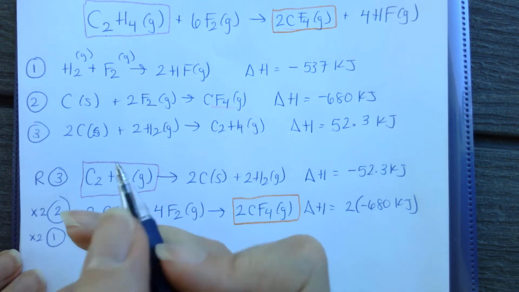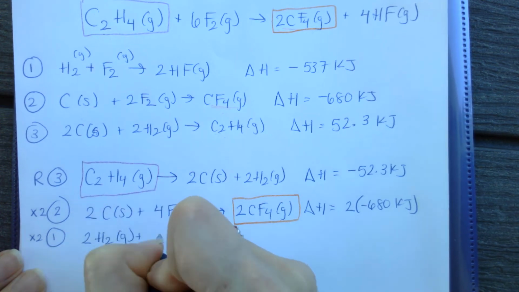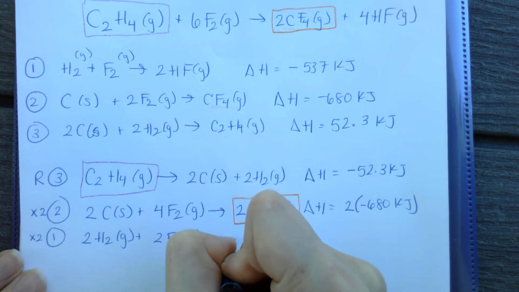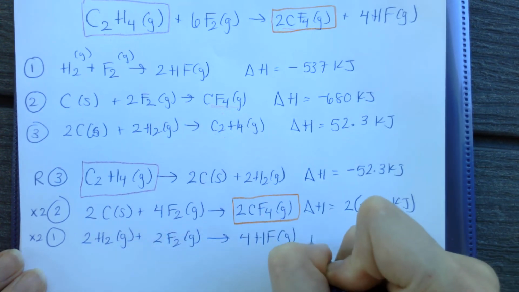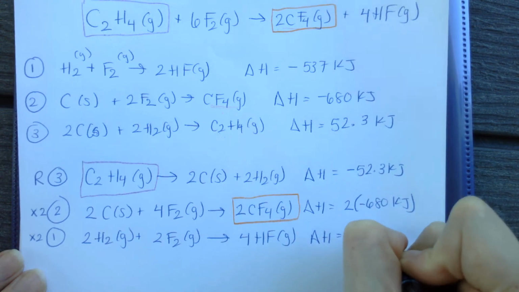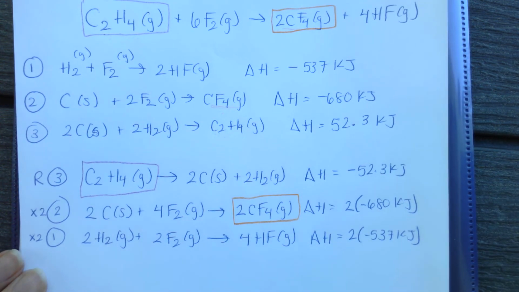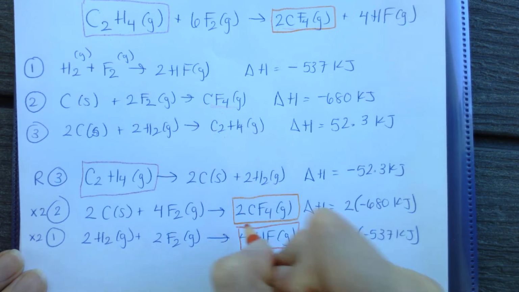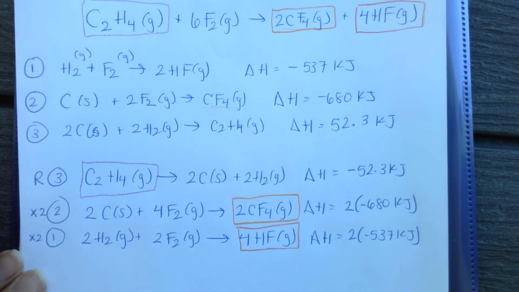So multiply by 2 reaction 1 to give me 2 H2 gas plus 2 F2 gas and 4 HF gas. And my delta H will be 2 times negative 537 kilojoules. Okay, so if I take a look here, I have that 4HF gas, which matches up here that 4HF gas.